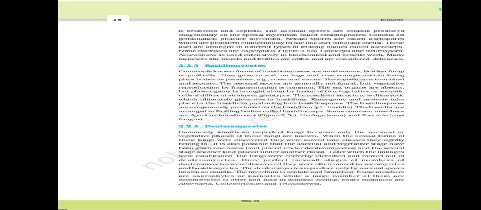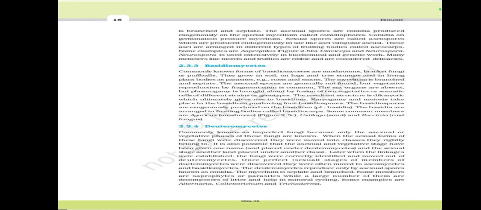The mycelium is branched and septate. The asexual spores are generally not found, but vegetative reproduction by fragmentation is common.